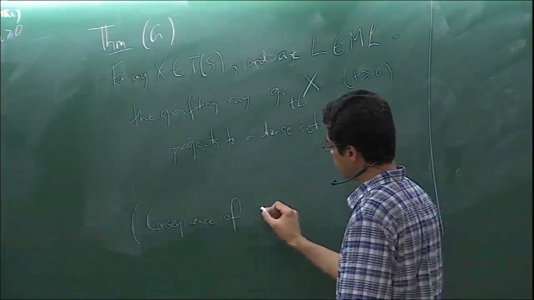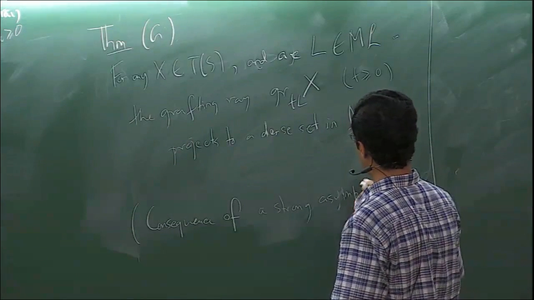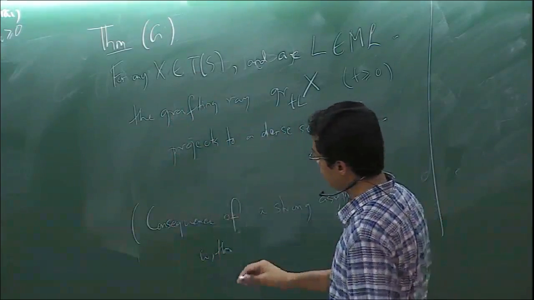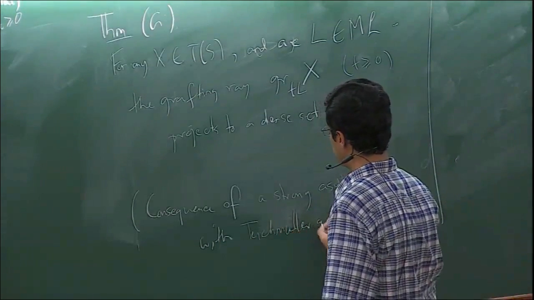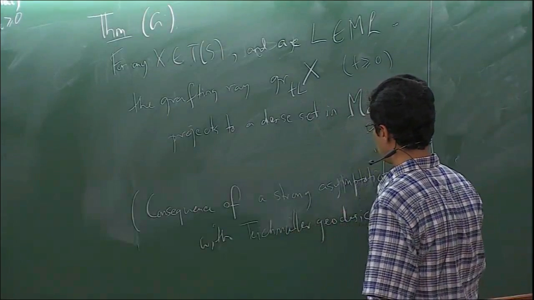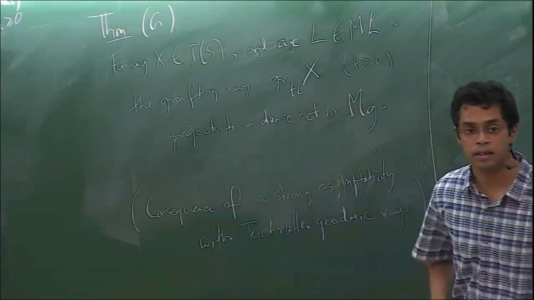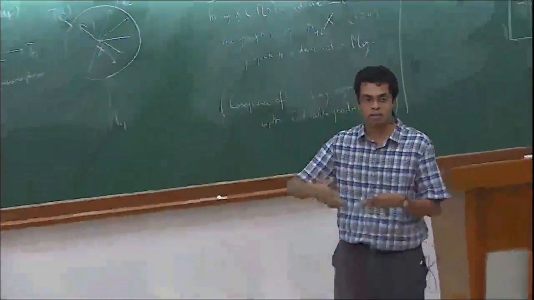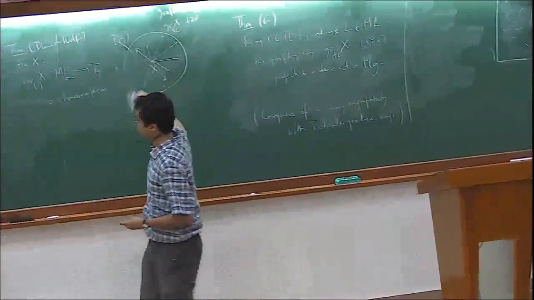It's a consequence of a certain asymptoticity, in a strong sense, of these grafting rays with the Teichmuller geodesic rays, with respect to the Teichmuller metric, which is the Kobayashi metric on Teichmuller space. So these grafting rays, in fact, are dense.